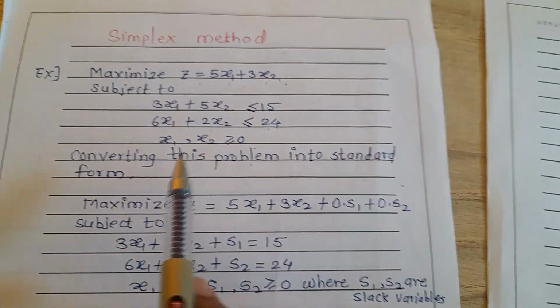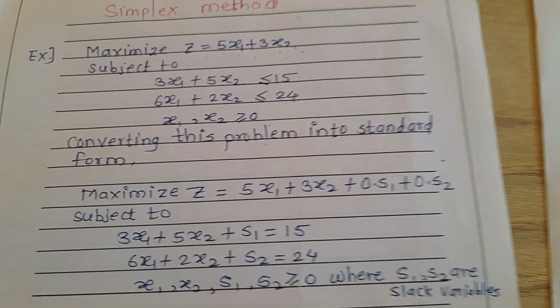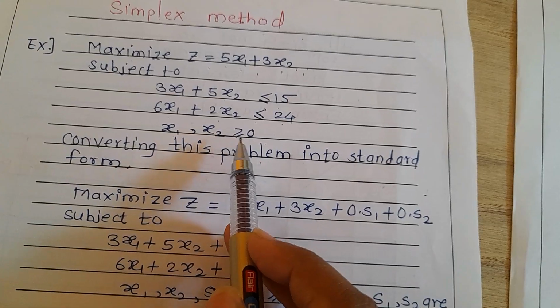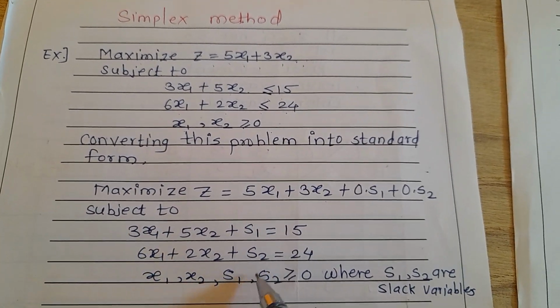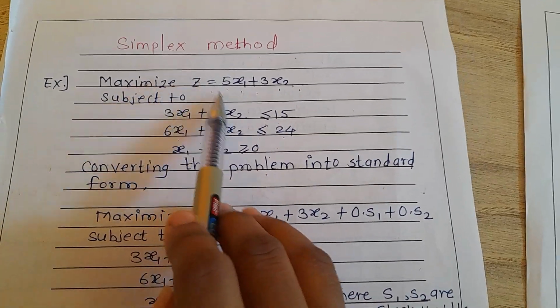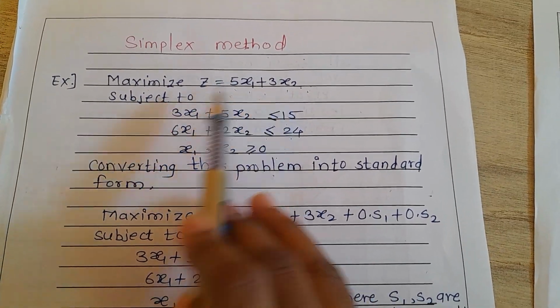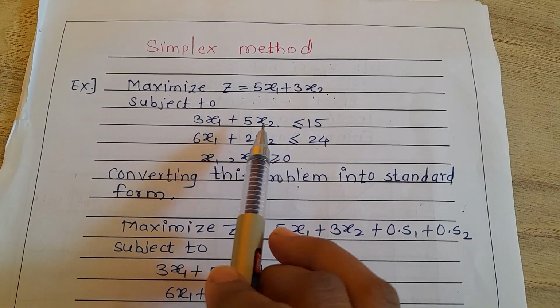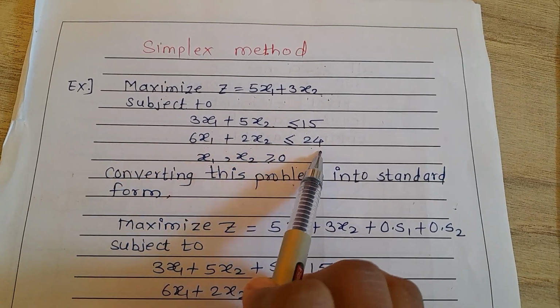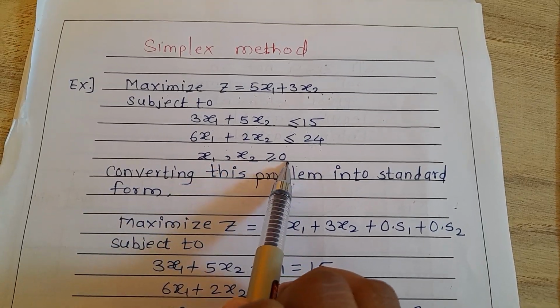Okay, first this is a maximize type of problem and our constraints are less than or equal to type, therefore we add two slack variables here. Our example is maximize z equals 5x1 plus 3x2 subject to the conditions 3x1 plus 5x2 less than or equal to 15, 6x1 plus 2x2 less than or equal to 24, x1, x2 greater than or equal to 0.